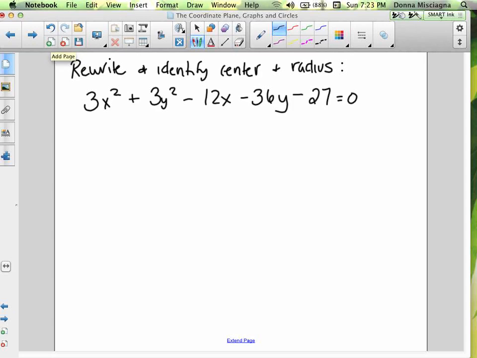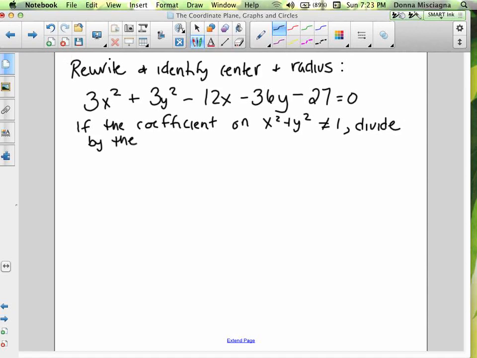All right, so here, notice that there's a coefficient. So if the coefficient on x squared and y squared is not 1, divide by the coefficient first.